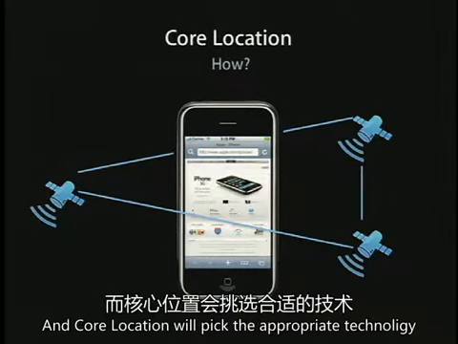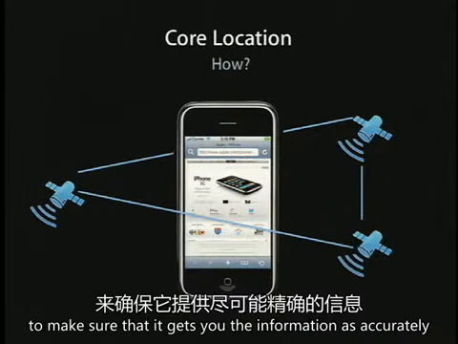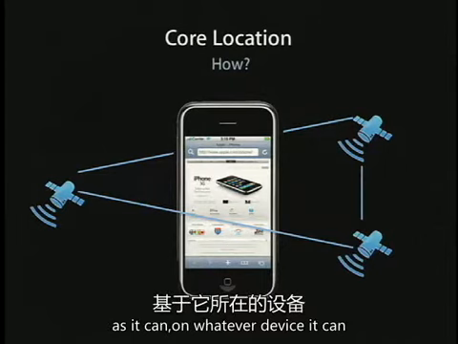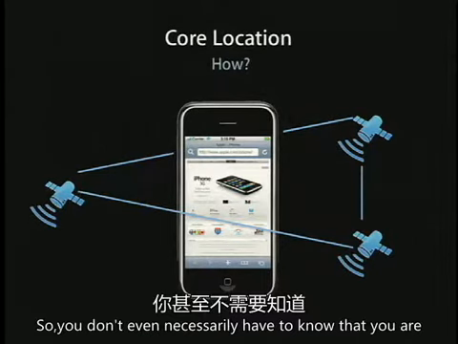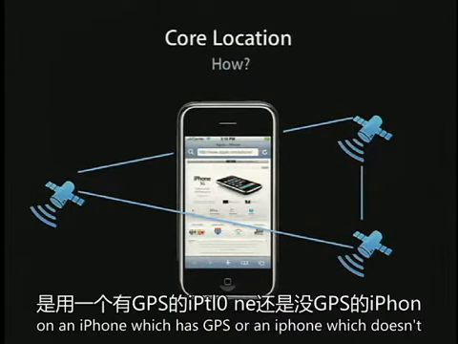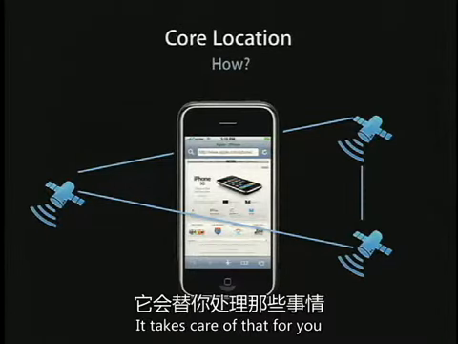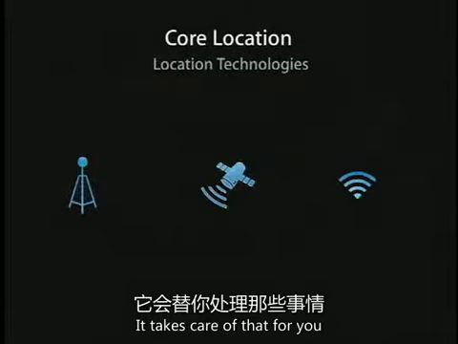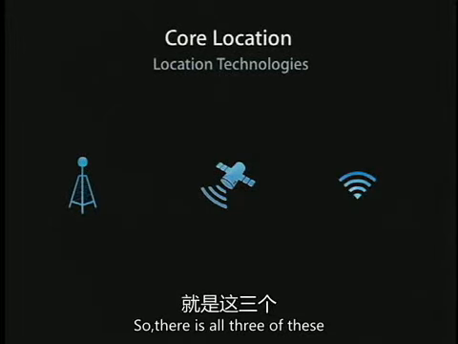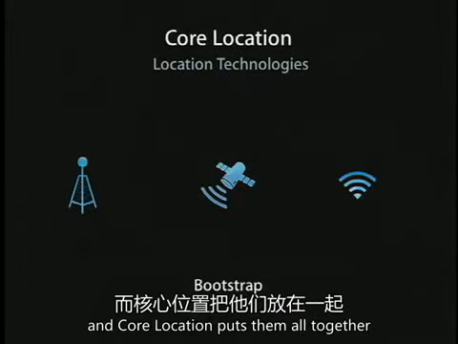And Core Location will pick the appropriate technology to get you the information as accurately as it can on whatever device it can. So you don't even necessarily have to know whether you're on an iPhone which has GPS or an iPhone which doesn't. It takes care of that for you. So there's all three of these, and Core Location puts them all together.